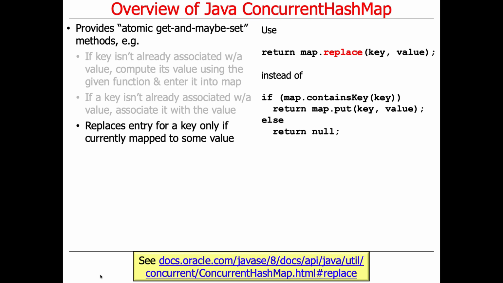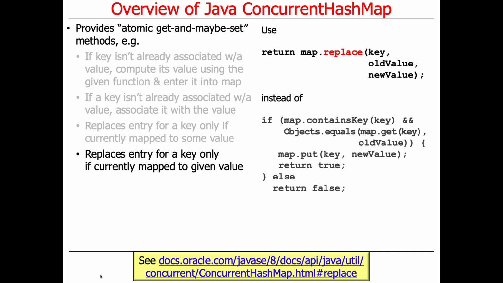Replace key with value will update the key with the value only if it has the current key. Logically, that's like if the key is in the map, then put the value with the key and return the old value, otherwise return null. Here's the interesting one.